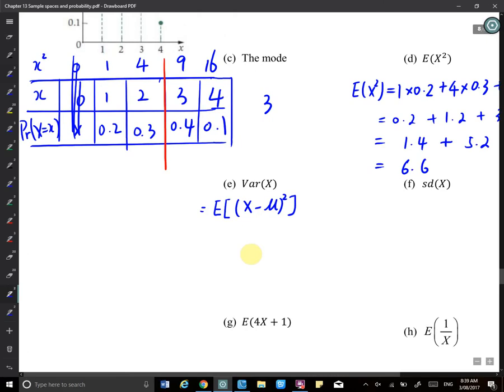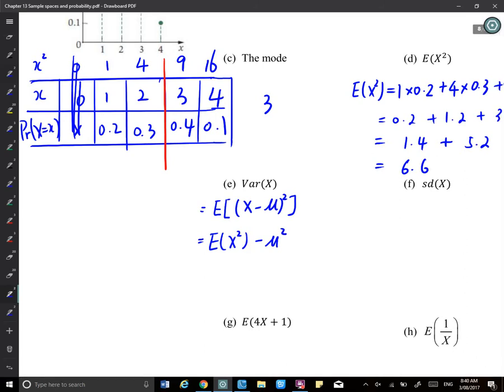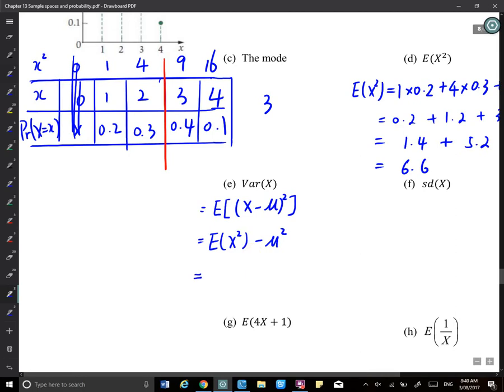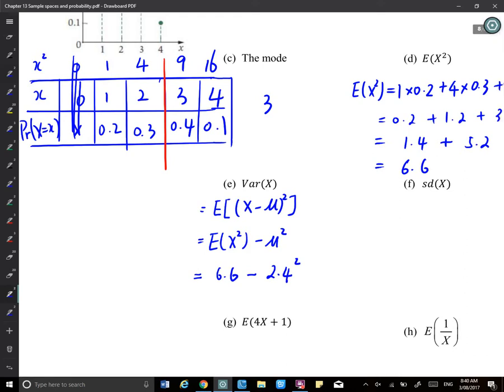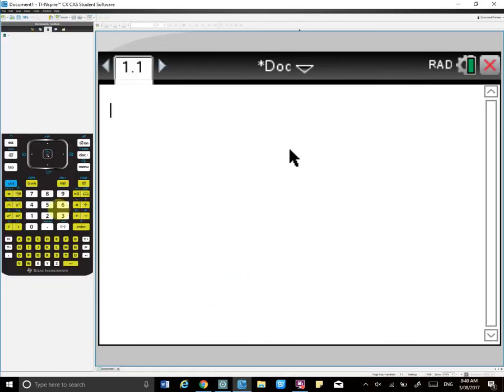And we have another formula, which is expected x squared minus mu squared. This formula is good to use in this question because I know what expected x squared is and I know what mu is. So what I will have is 6.6 minus 2.4 squared. These are two values I found before. So, okay, I will just use the calculator.